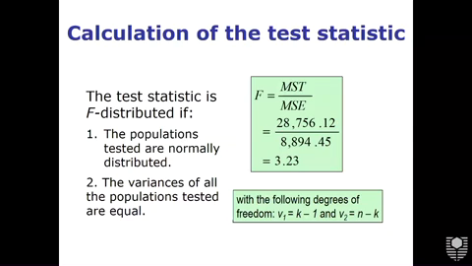First, the tested populations have to be normally distributed, and second, the variances of all populations tested are equal.